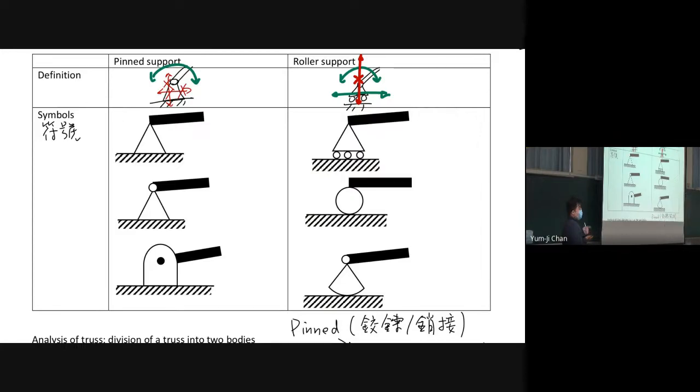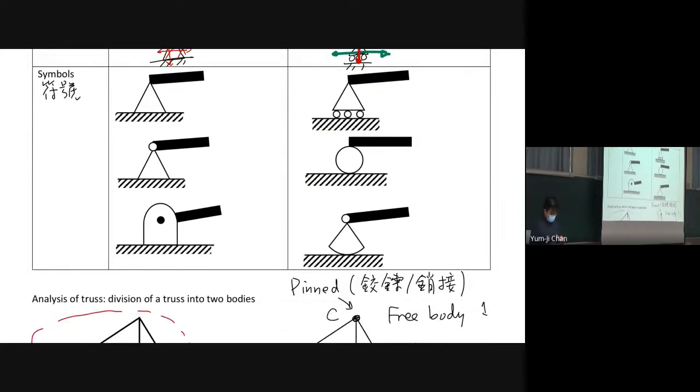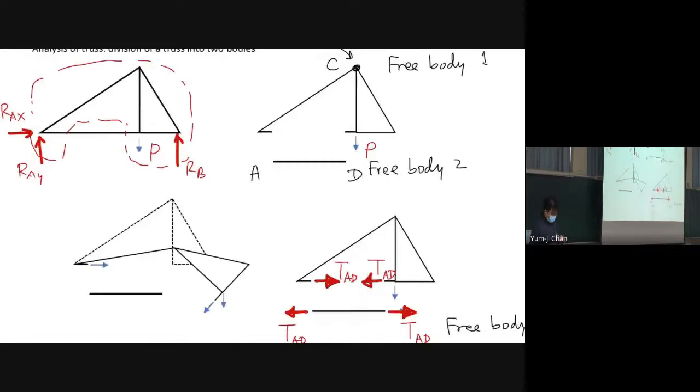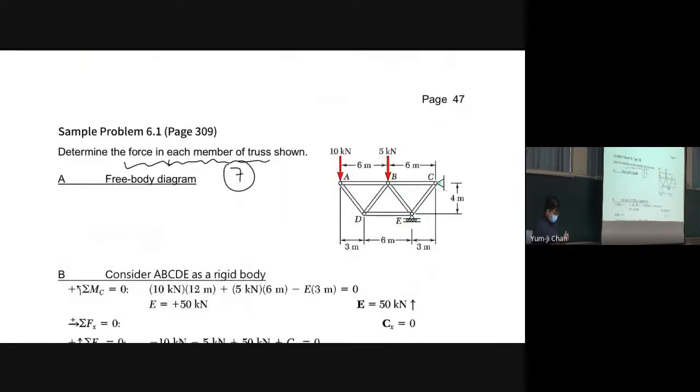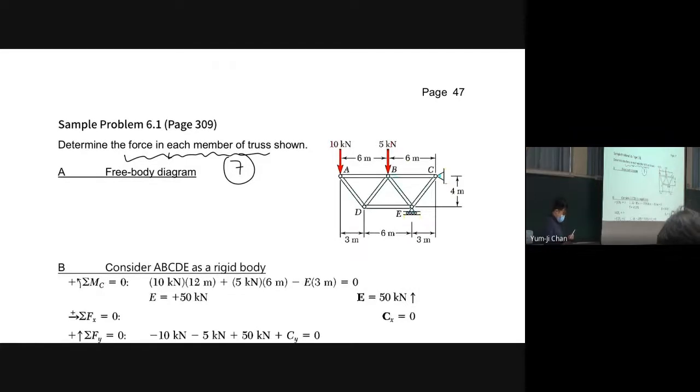If you're okay, then we go back to sample problem 6.1. For the first step, we draw the free body diagram of A, B, C, D, E, the whole structure.